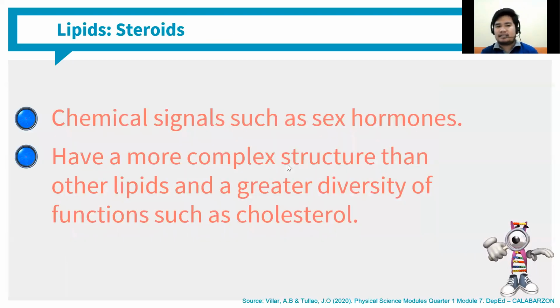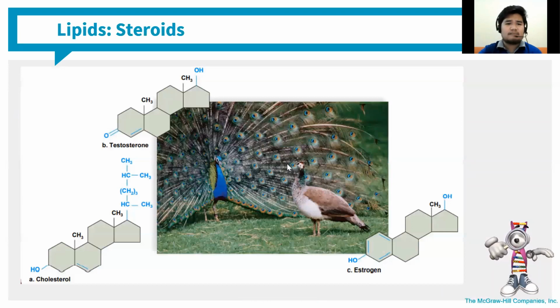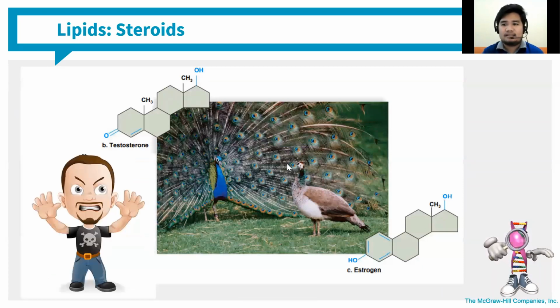So, another type of lipid is steroid. Steroids are chemical signals such as sex hormones. They are more complex structures than other lipids and have a greater diversity of functions, such as cholesterol. Ito ay example ng mga steroids natin: cholesterol, testosterone, and estrogen. Kala natin si cholesterol, bad siya, no?